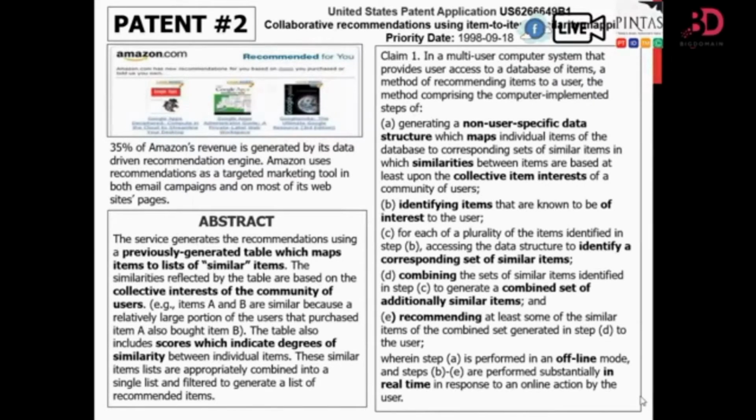If you look at the claim, actually this is what they own, right? The claim says you have a system. Again, it's a software system. On one end of the system, there is a table of similar item lists, right? Those tables of similar items are based upon the collective item interest of a community of users.